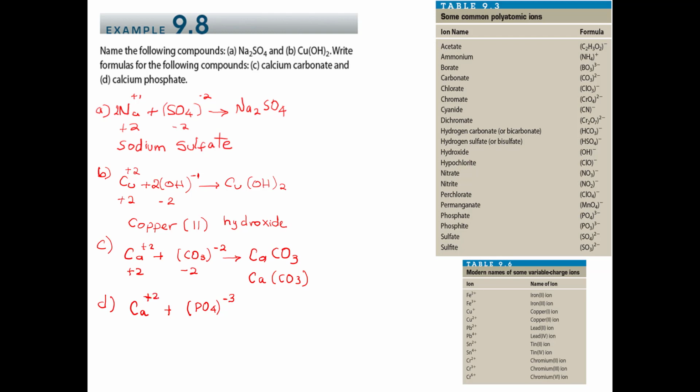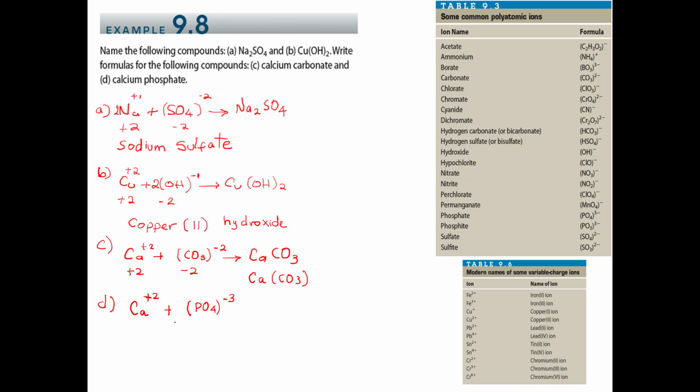Now the next thing we need to check is if we had a neutral compound. In this case, it's not easy to multiply by one number or another number. There are two ways we can complete the problem. One is you can use the crossover technique.